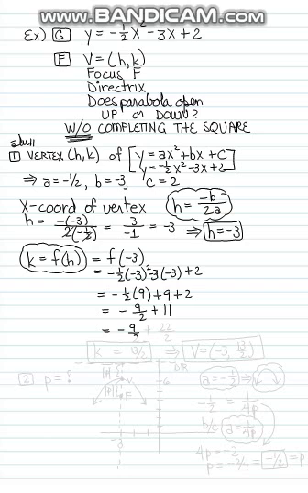Negative 9/2 plus 22/2. And that simplifies down to positive 13/2. So our k value is equal to positive 13/2. All right, thus we have our vertex V is equal to h, which was negative 3, and k, which is positive 13 over 2.